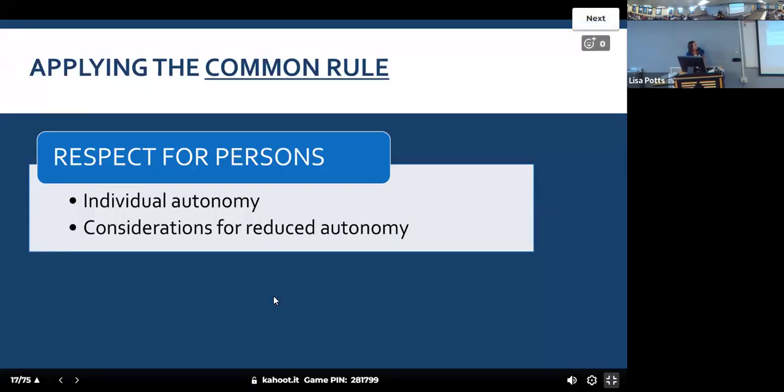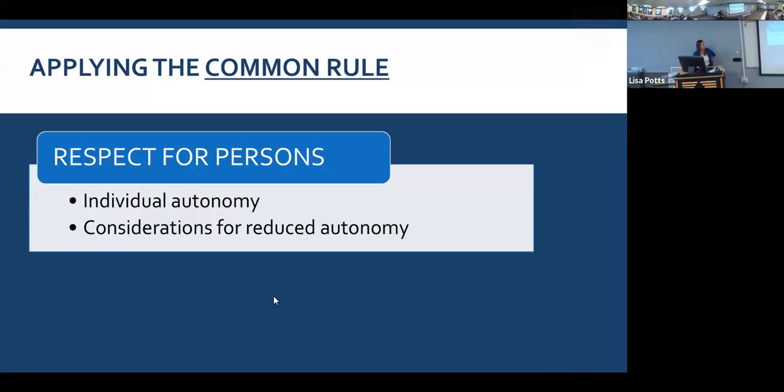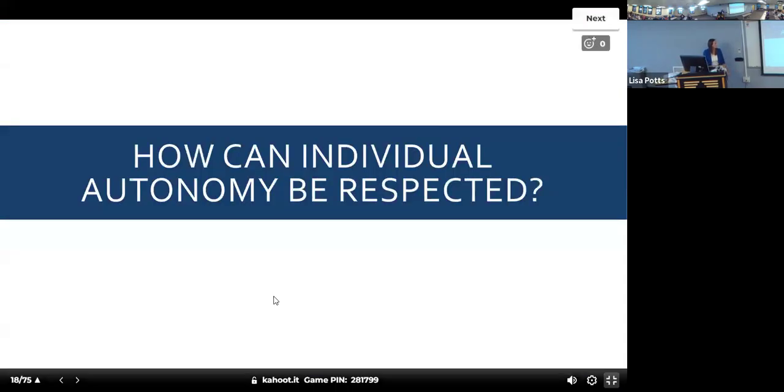All right. So the next one, respect for persons. Basically, respecting individual autonomy and those considerations. So what does that look like?